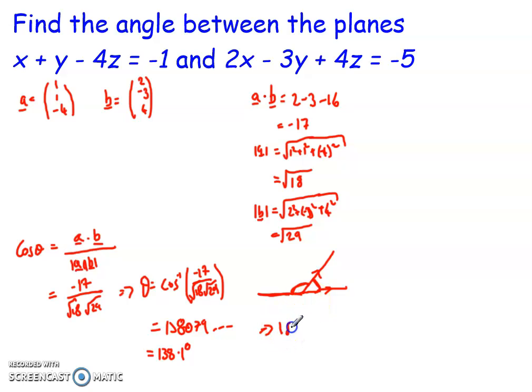So 180 take away 138.1 degrees. What that would then give me is 41.9 degrees for the acute angle between the two planes. So we've got two possibles there, so just look out in case the question asks you for a specific one and a specific angle in relation to both of the planes.